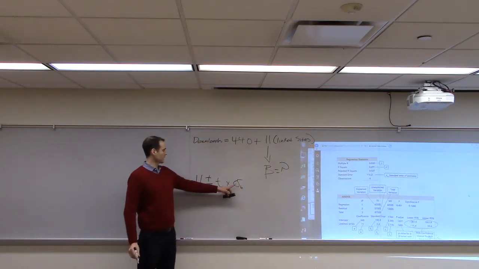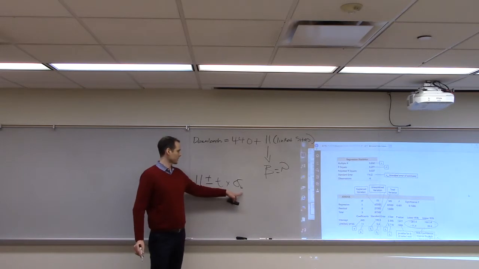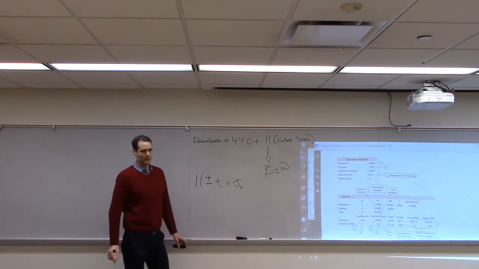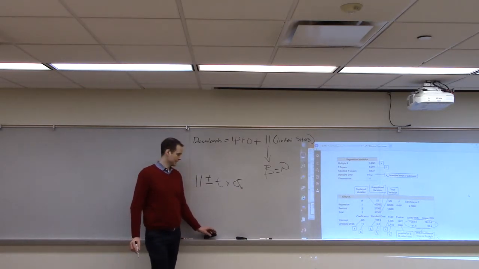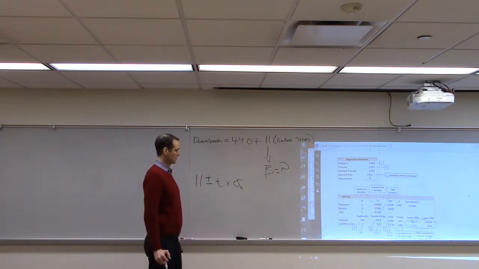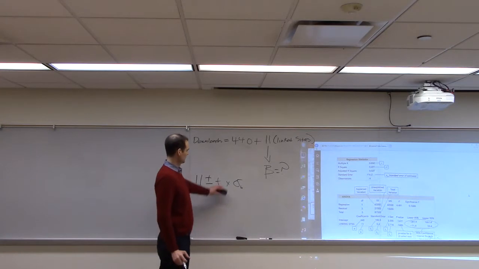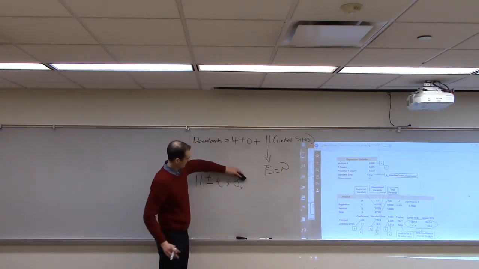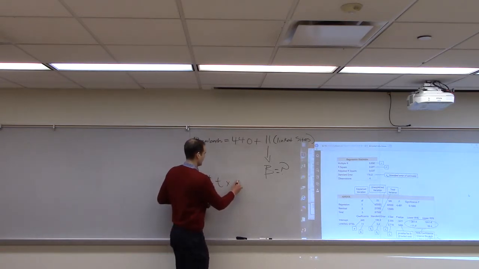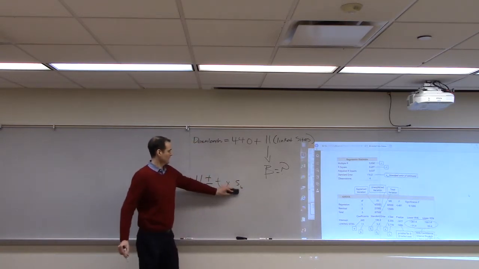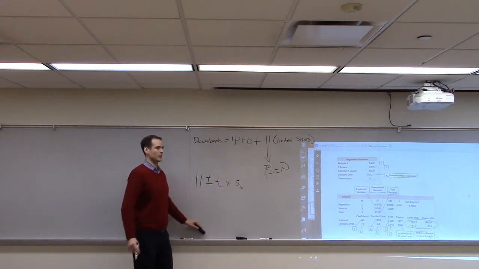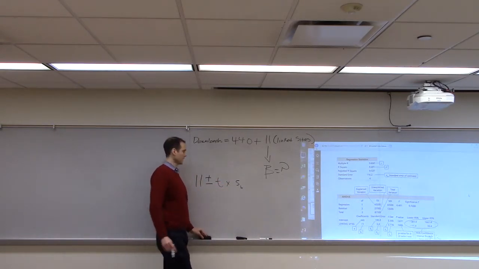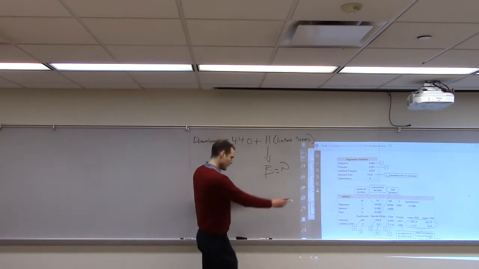What is the standard deviation of the sampling distribution of the sample slope? 5.2. Yeah, that's what it says.